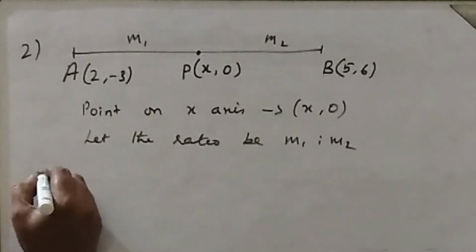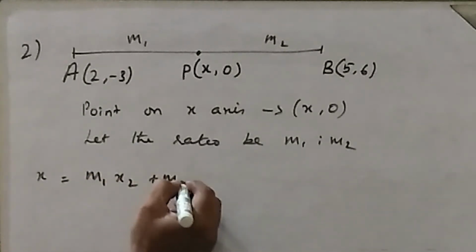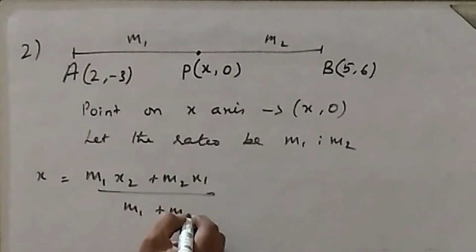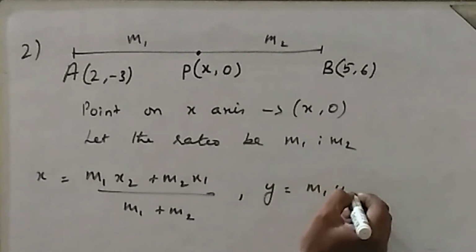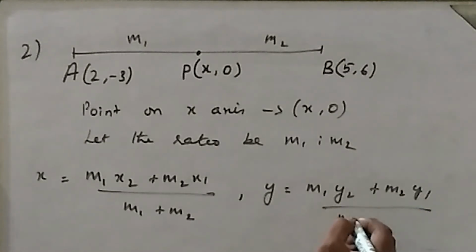You know the formula: x is equal to (m1 x2 plus m2 x1) upon (m1 plus m2), y is equal to (m1 y2 plus m2 y1) upon (m1 plus m2).